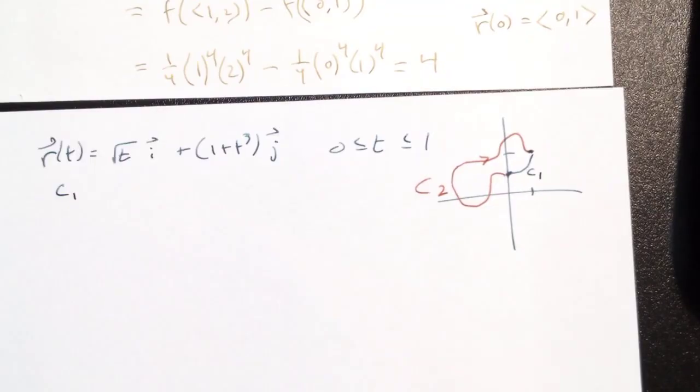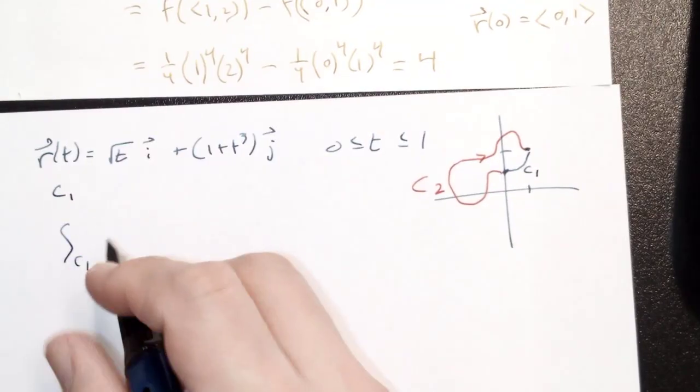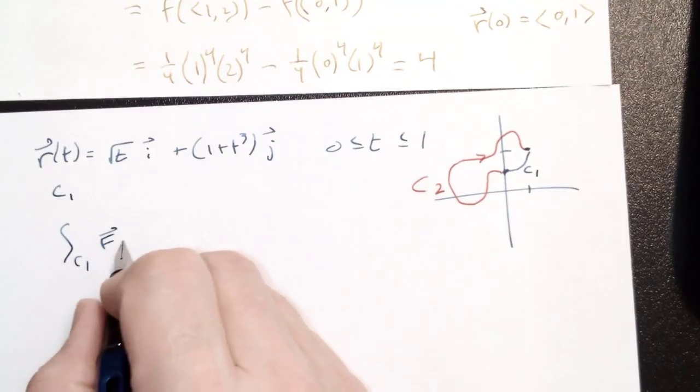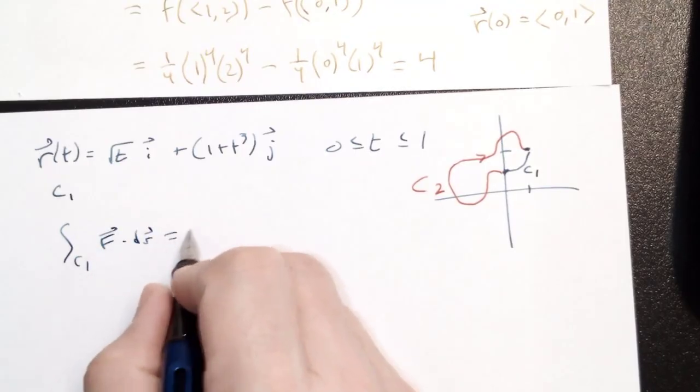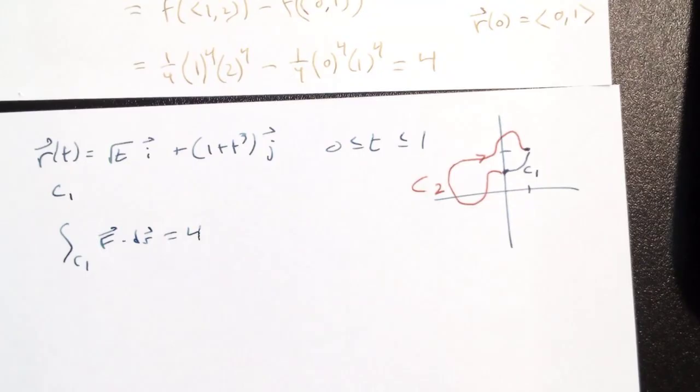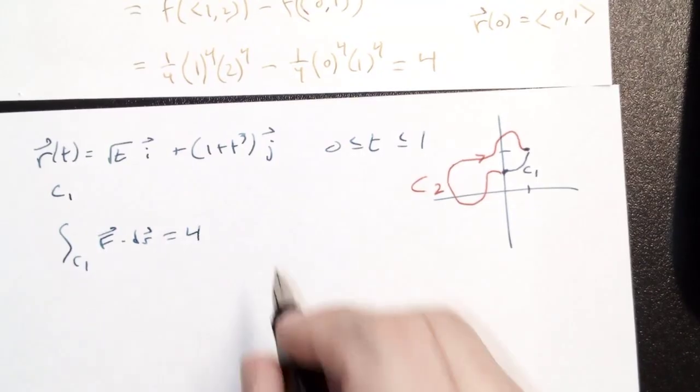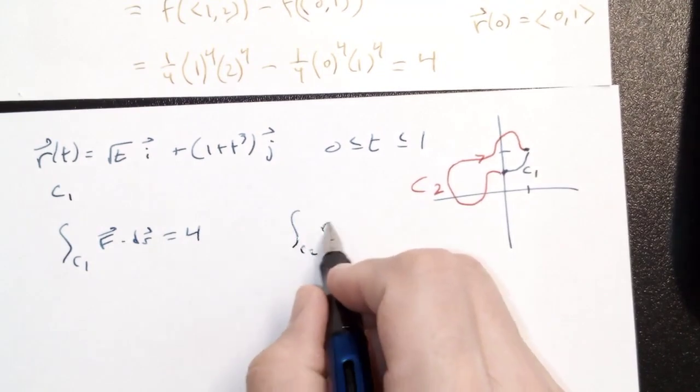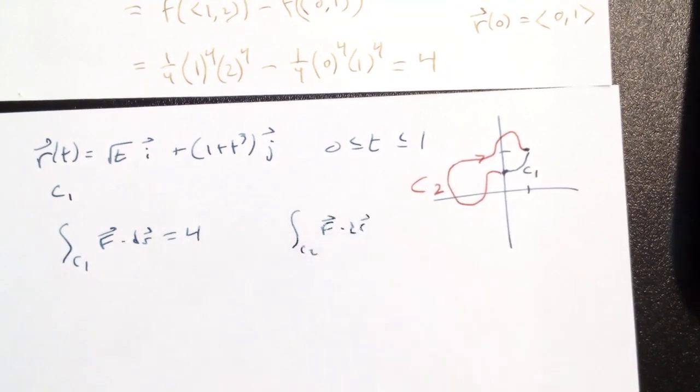We just did the integral. The integral over C1 of f dot dr was equal to 4. We worked that out. I would like to know, what is the integral on C2 of f dot dr?